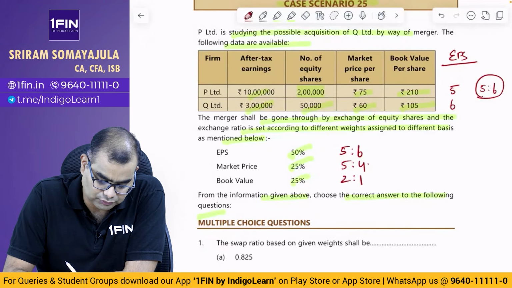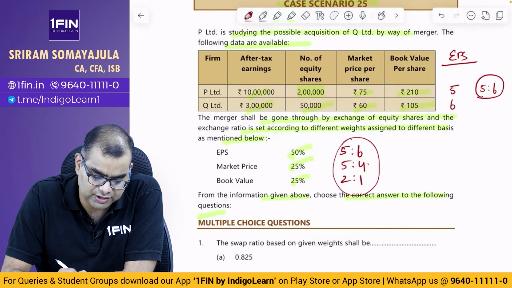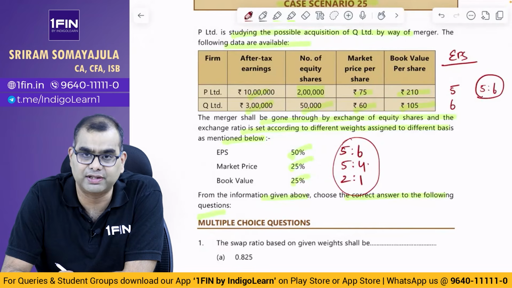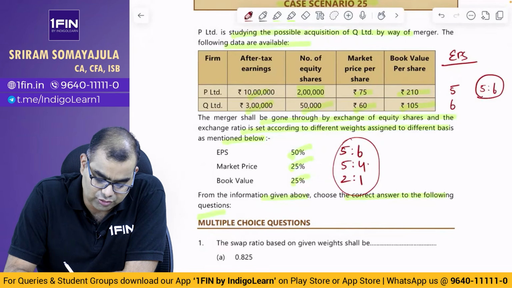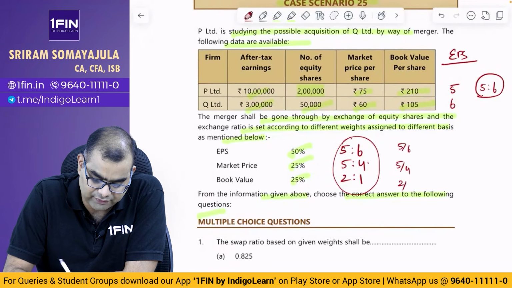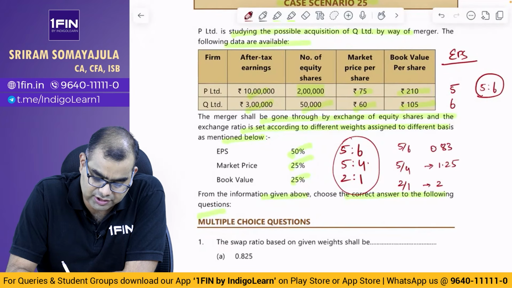Now on the basis of this, it is very clear that P Limited is much stronger. Other than in EPS, everywhere else it is stronger. So if you do this, 5 by 6, 5 by 4, 2 by 1, you get 0.833 shares, 1.25 shares, 2 shares.